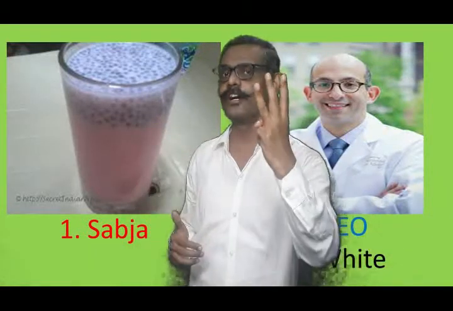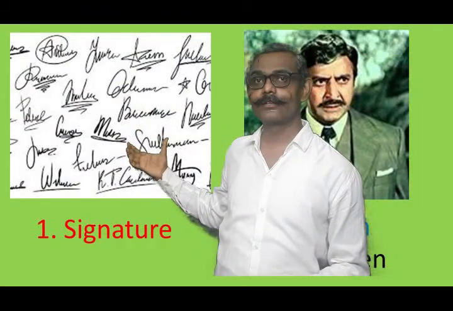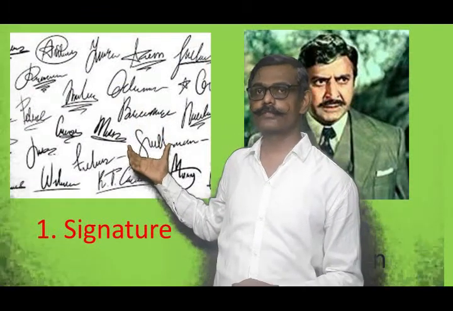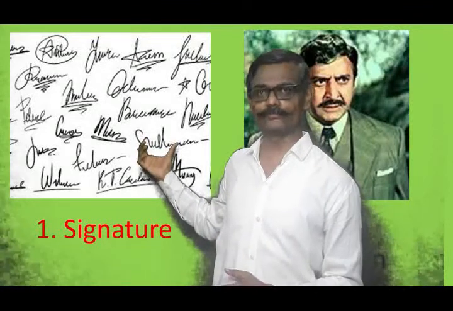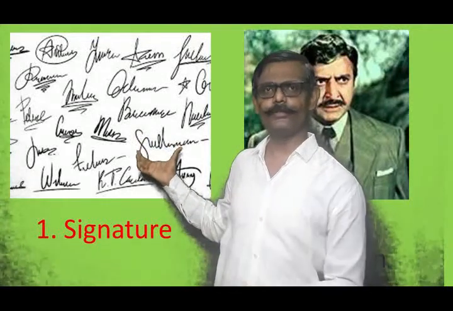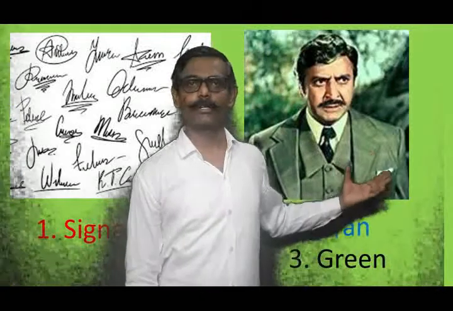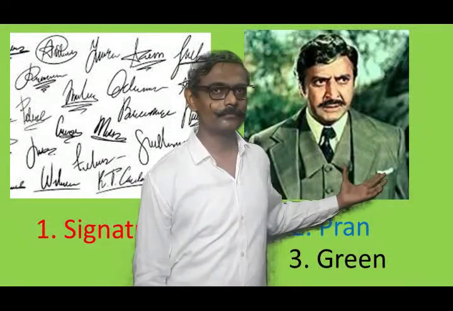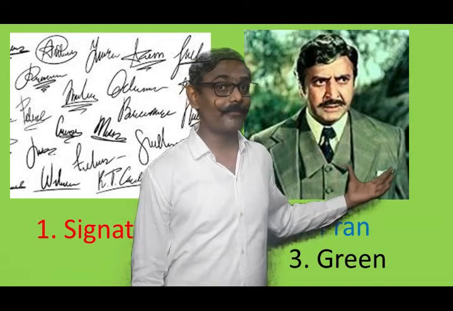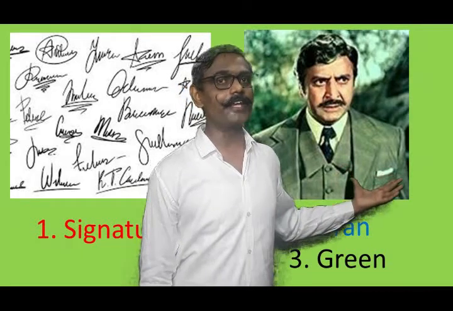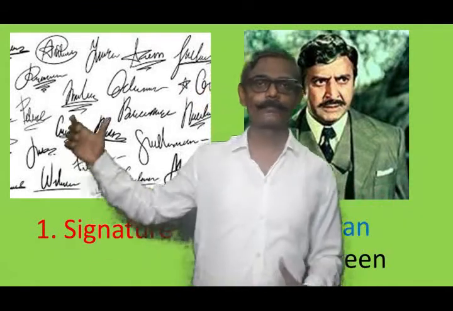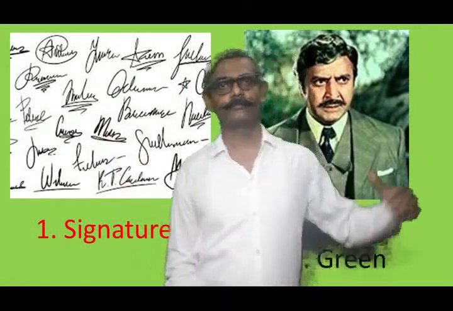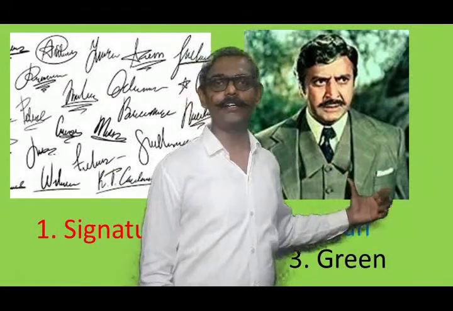Now see the third slide. What is here? A non-living thing: signatures. Signs, signature. That's the understanding of this image. And here, a Bollywood actor, Pran. What is the color of the wear of that Pran? Green. So the three things we will remember from this third slide are signature, Pran and green.